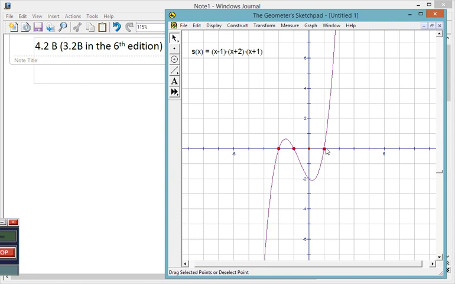See, there's a 0 here at 1, so one factor is x minus 1. One factor is x plus 2, which would mean -2 is a 0, right? Because at -2, this would equal 0. And x plus 1 is a factor, so that means -1 is a 0. So having a factor will tell us the zeros, and if we know the zeros, then we know the factors.